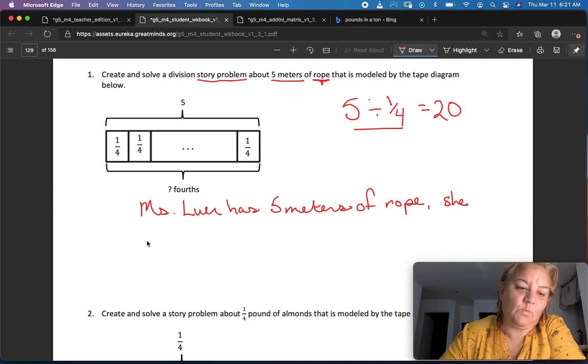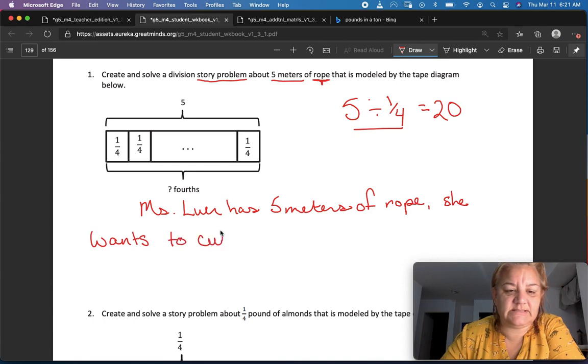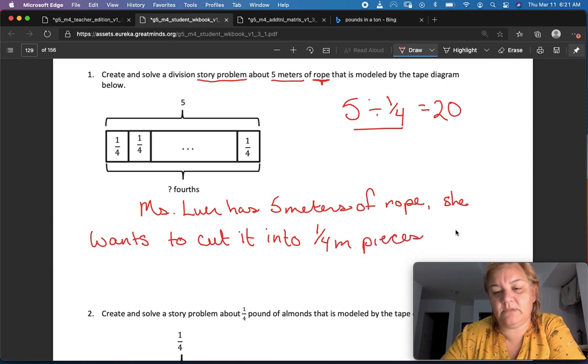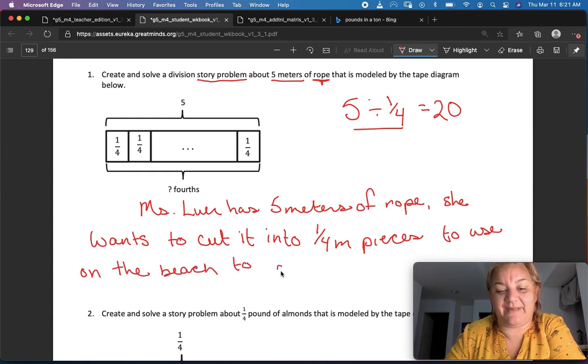She wants to cut it into 1/4 meter pieces to use on the beach to hang hammocks.